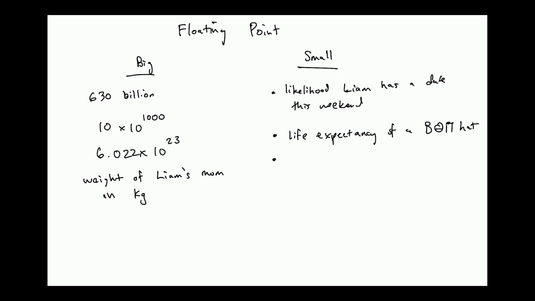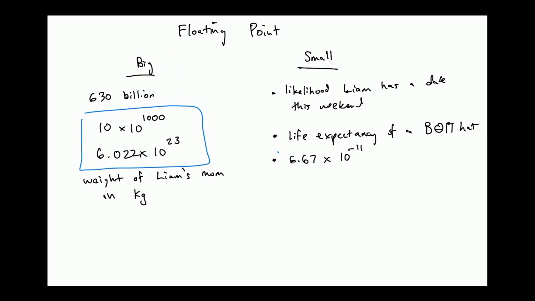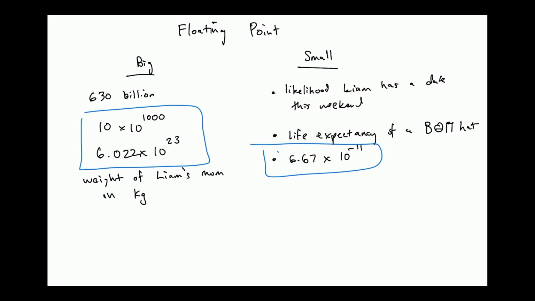Okay. But how about some other actual numbers that are small? How about this one, which is the universal gravitational constant from physics? Okay. So what I'd like to key in on, other than the joke numbers that we have here, are these guys here.